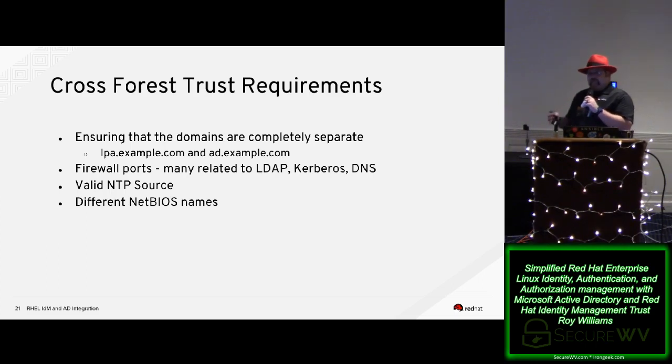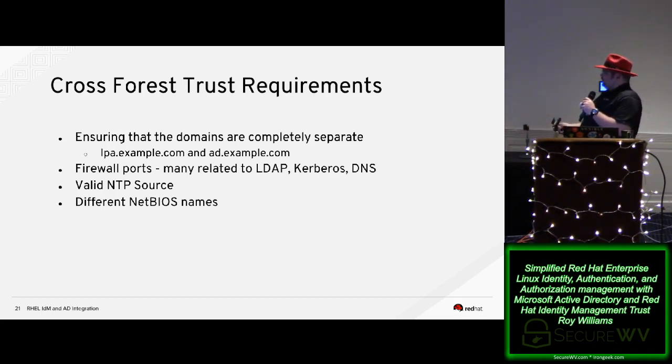The reason for this is because we have those DNS records for Kerberos that are not necessarily like A records, but they're records that just blatantly go out and look for what Kerberos servers do I have, what LDAP servers do I have, and they will already be populated on your network if you're using Active Directory because they have to be there for Active Directory to work. So if you were on the same network and your Linux system's trying to reach out and find a Kerberos KDC or an LDAP server, it's going to get confused because it doesn't know which system to go to. So we split it out on a separate domain. That's no longer a problem.